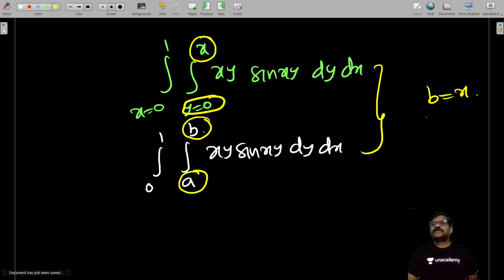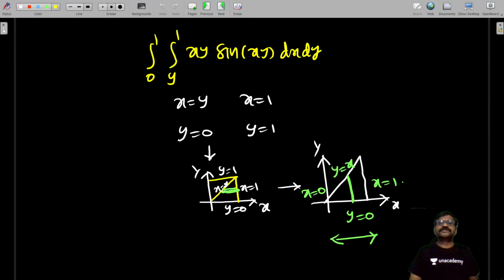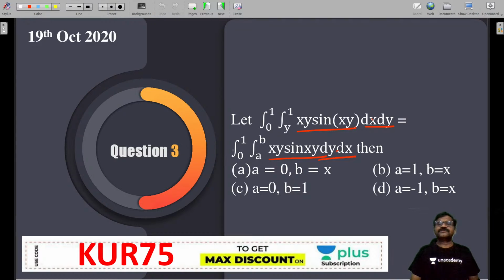So a is 0, b is x is the correct option. First option: a equal to 0, b equal to x.